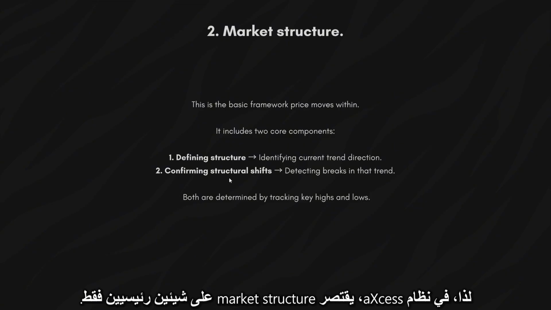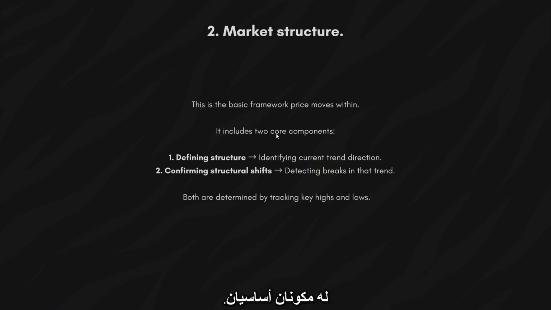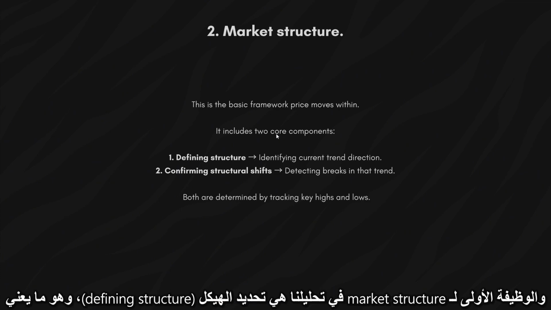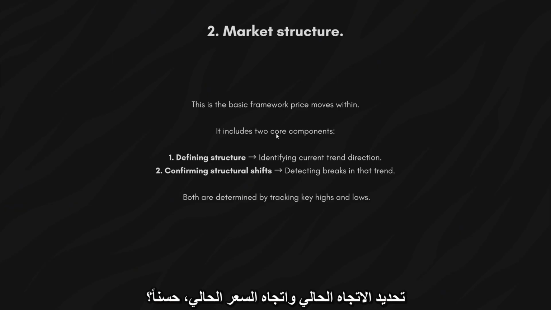Okay? So, in the access system, market structure comes down to just two key things. It has two core components. Number one, the first objective and the first function of market structure in our analysis is to define structure, which means identifying the current trend and the current direction of price, right?